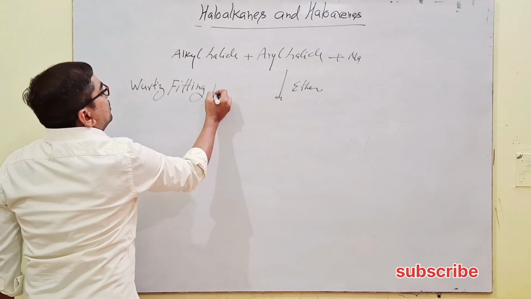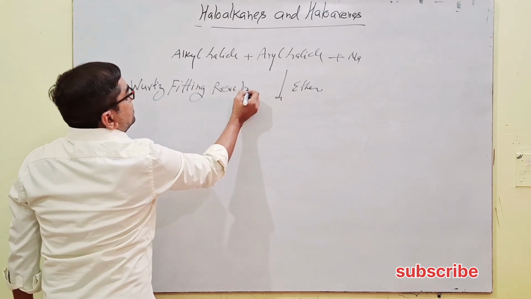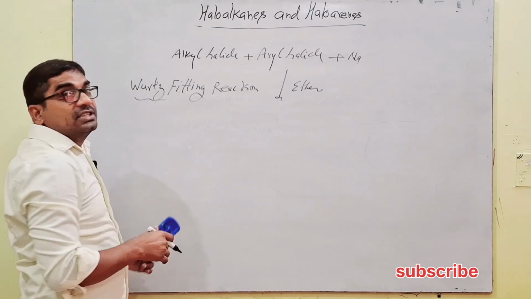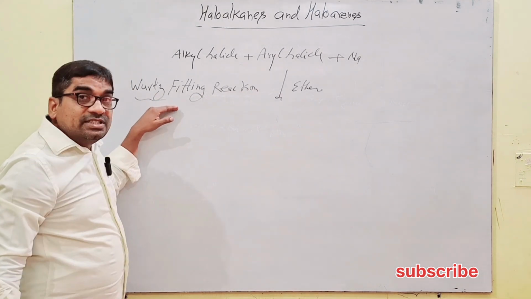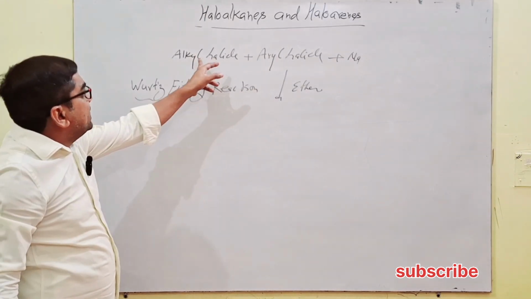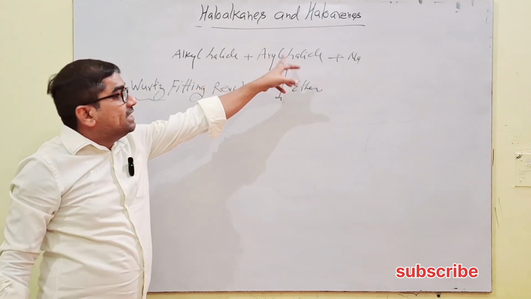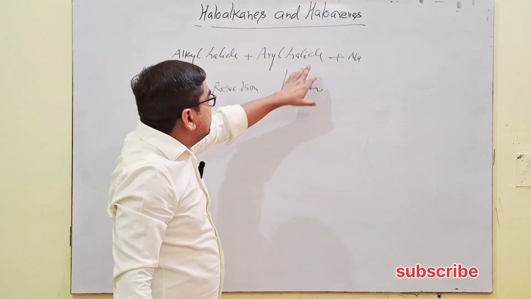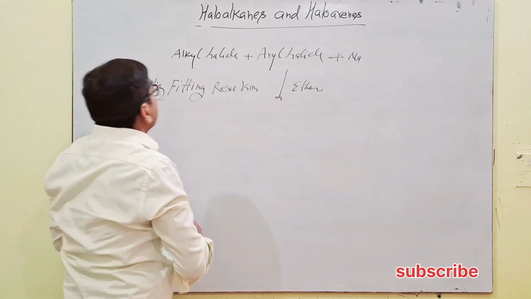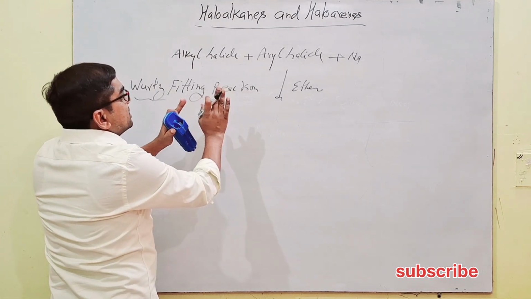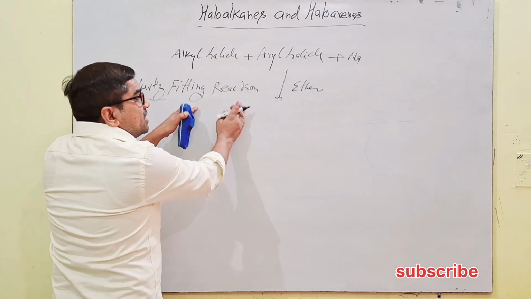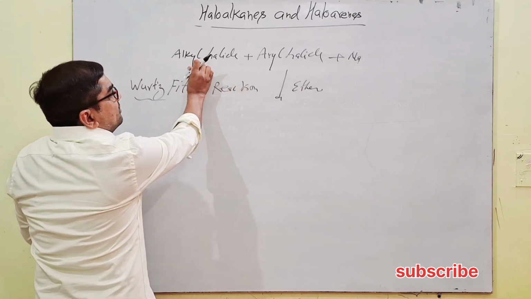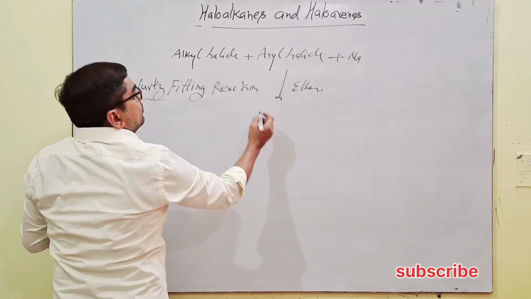It's called the Wurtz-Fittig reaction when alkyl halide and aryl halide react with sodium in ether medium, due to the presence of alkyl and aryl groups.